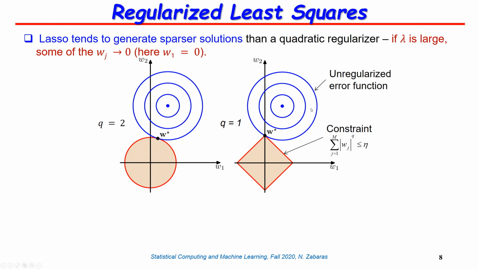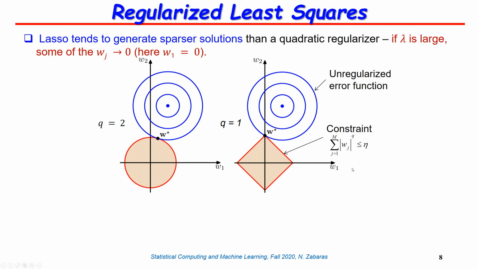Now, if you look at the Lasso situation, because of these sharp corners of the contours of the regularizer, the optimal solution is going to be in a corner. And this is very essential. And why is it essential? Because in a corner, you notice in this particular plot in the space of W1 and W2, W1 is equal to 0.